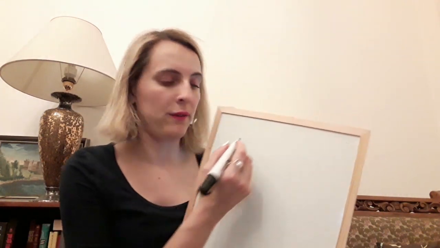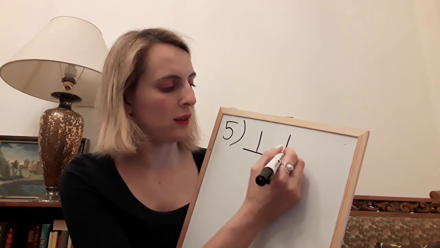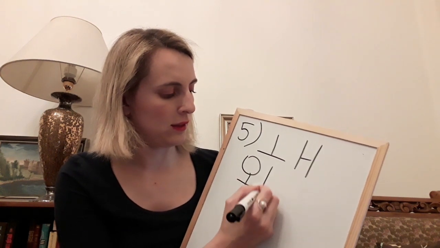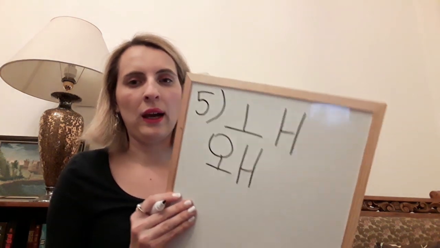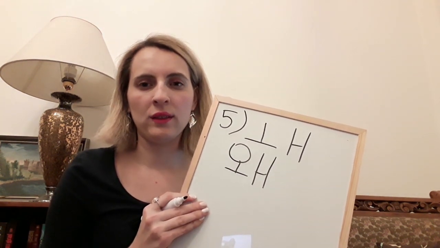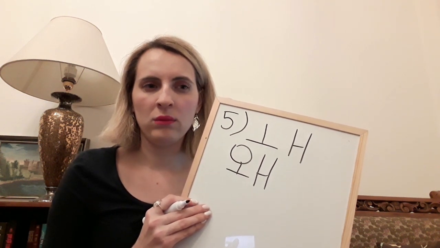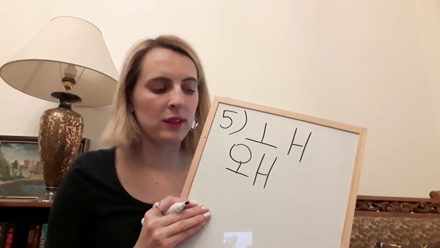Then we have our fifth diphthong. It is made by this vowel and this vowel, and it is written like this. And actually this is our word. I also didn't find other words with this diphthong, but I'm sure there are other words.